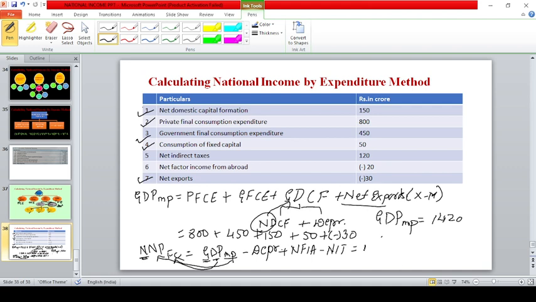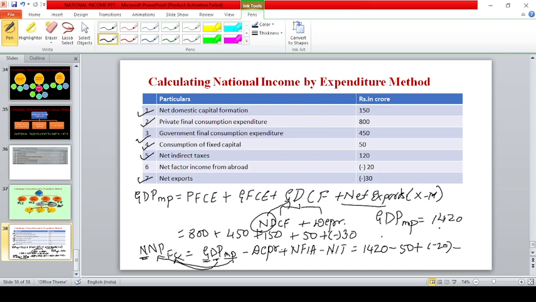Let us quickly substitute the values: 1420 minus depreciation. Depreciation is how much? That is 50, plus NFIA. NFIA is given to us as minus 20. So minus 20 and minus NIT. Where is NIT over here?